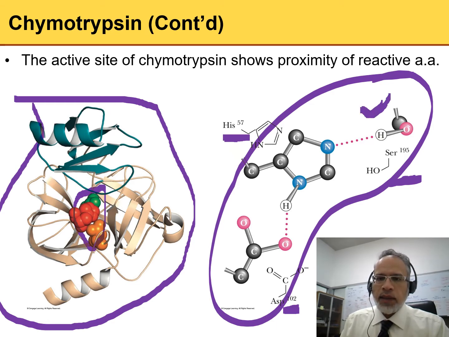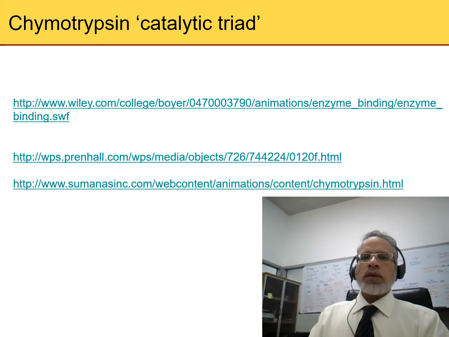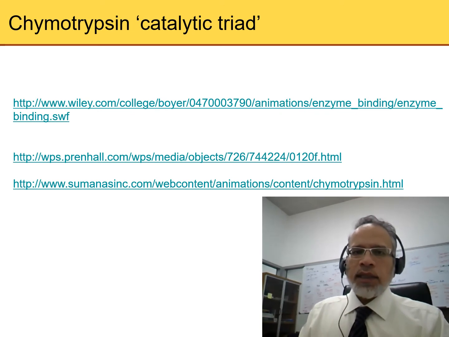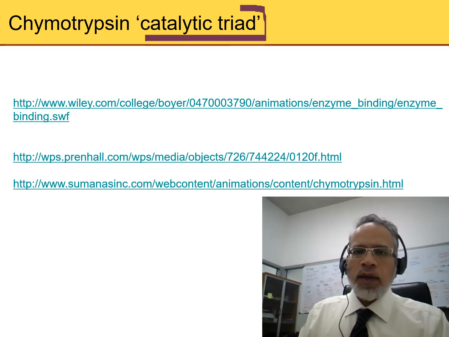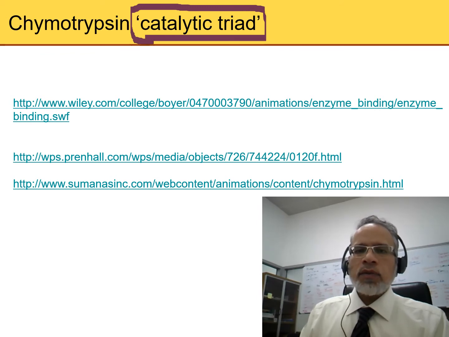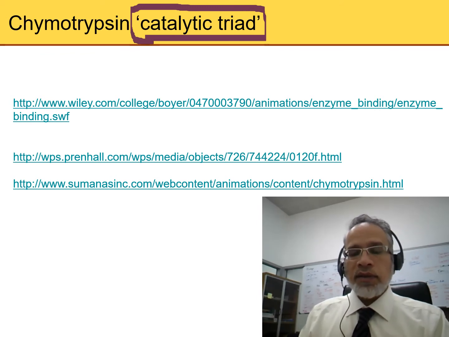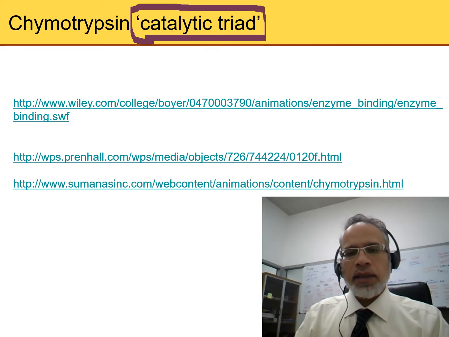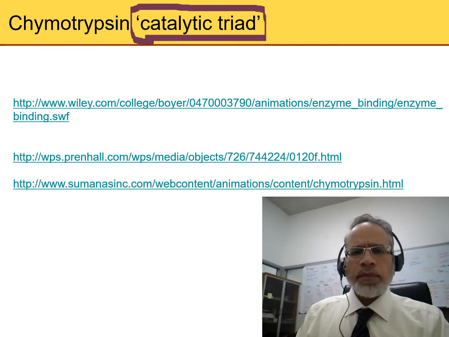Histidine is important, and then they found that aspartate is important as well. Now, this is called the catalytic triad, those three amino acids that are catalytic. So these are three really interesting links that I want you to look at, and you'll find that these are extremely useful, all three of them, and we'll go one by one.